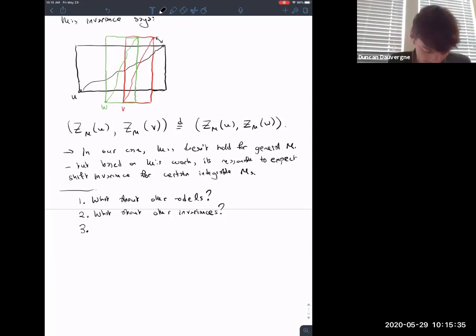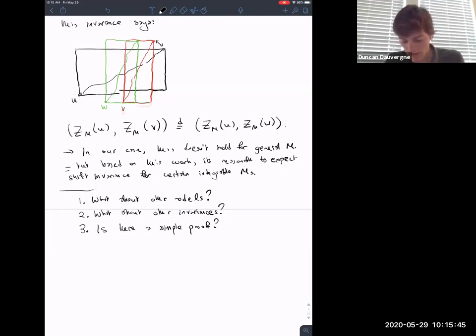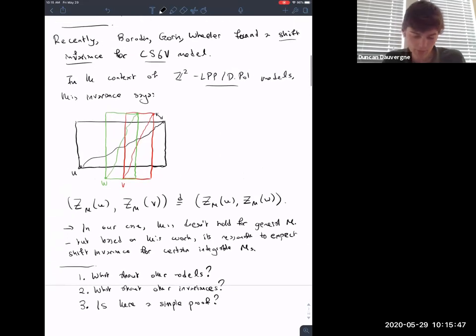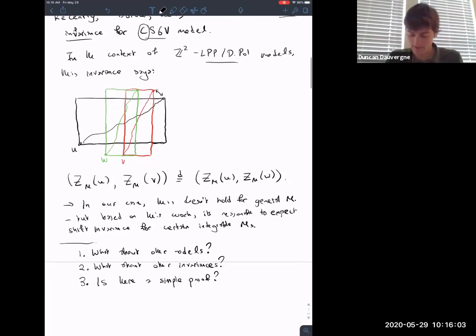And the third thing is the question of, is there a simple proof? So their proof is quite involved. It's very nice, but it relies on a delicate induction argument, Lagrange interpolation. You're using the full inhomogeneity in the colored stochastic six vertex model.